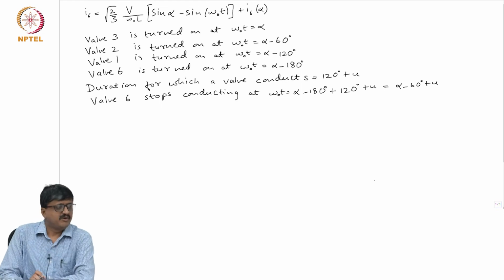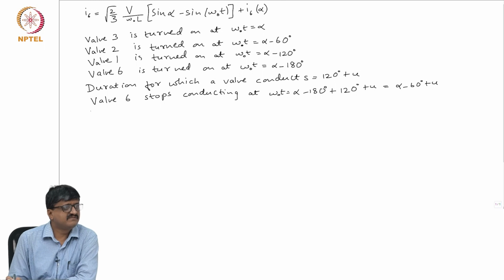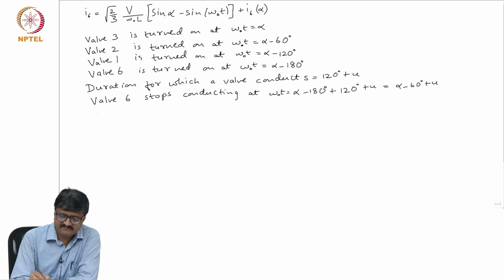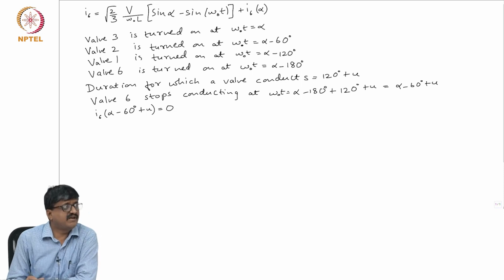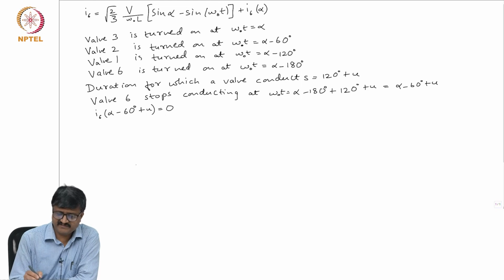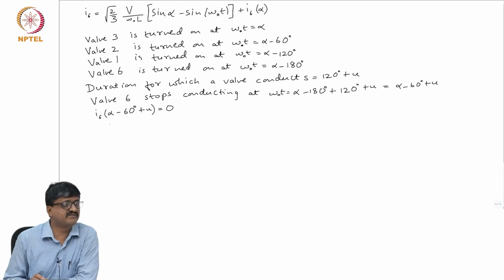Okay. So, what is happening to I6 at this instant alpha minus 60 plus u? It is 0, because valve 6 stops conducting. So, I6 at alpha minus 60 degrees plus u is 0. So, I substitute this value, which is 0, in the general expression for I6 that I have got.